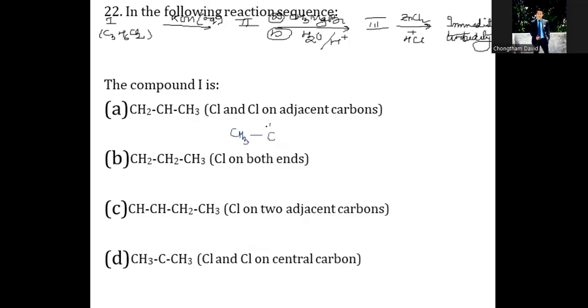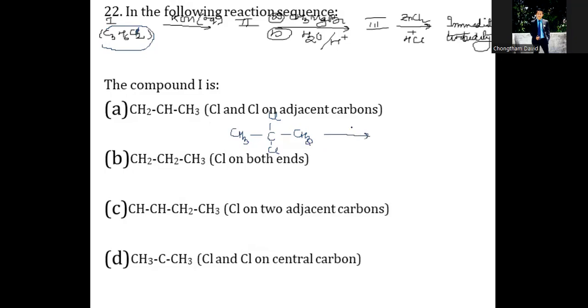CH3, C, chlorine, chlorine. Here you have this formula. This is chlorine. C3H6Cl2. And this must be the formula of compound 1.